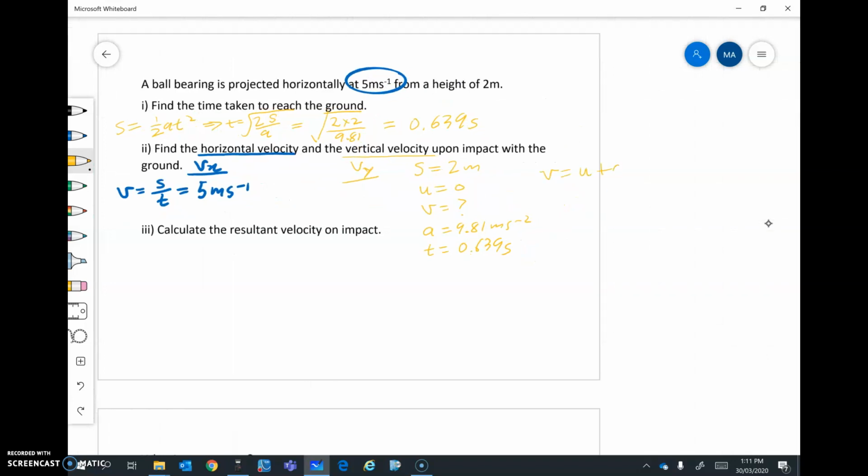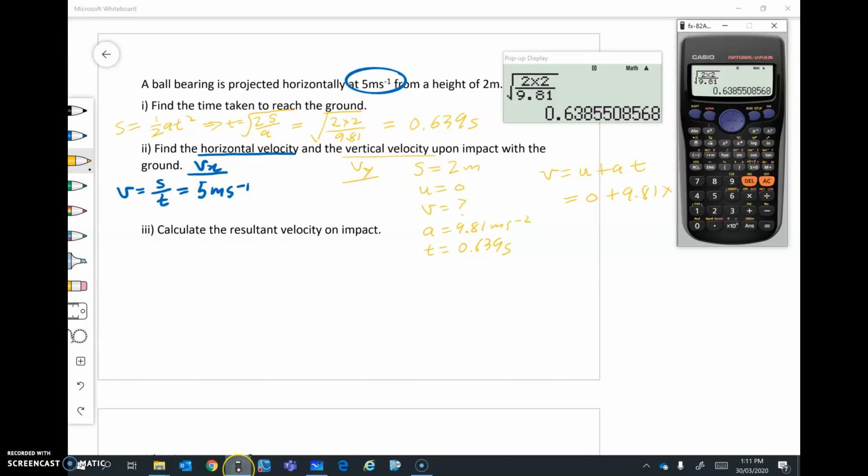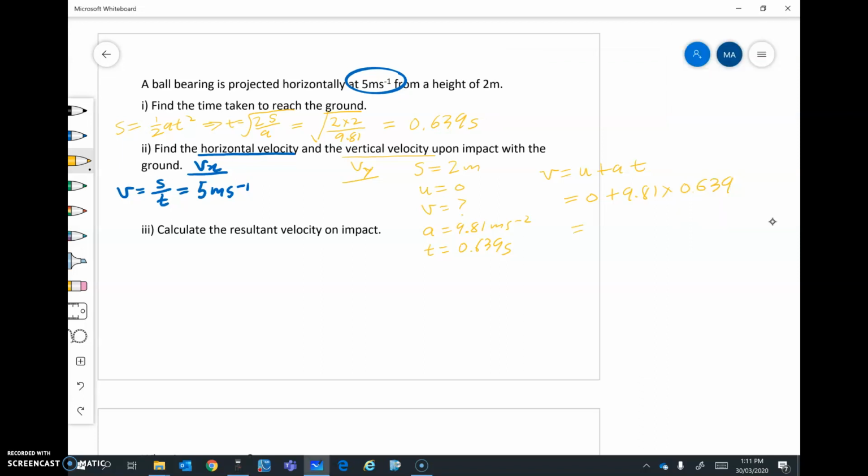V equals U plus AT. If you use the second law of motion, that's okay as well. You get a very similar answer. So 9.81 times 0.639. So it's going at 6.27 meters per second. So that's our Vy.